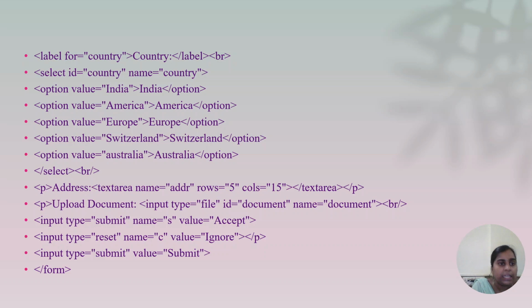And the label here is for country. So for country I have more than one option, which are select and option. I just want to select my country from India, America, Europe, Switzerland and Australia. So I can select my country by using the select and option values.